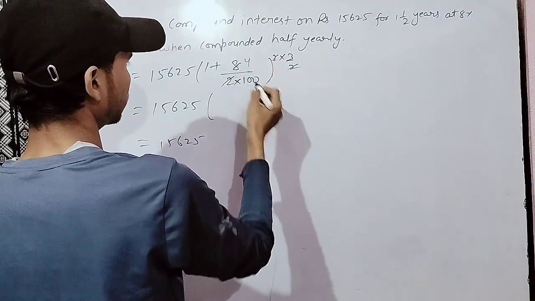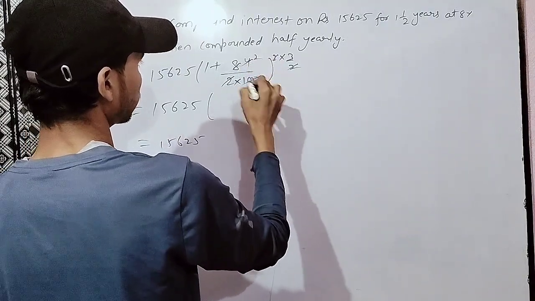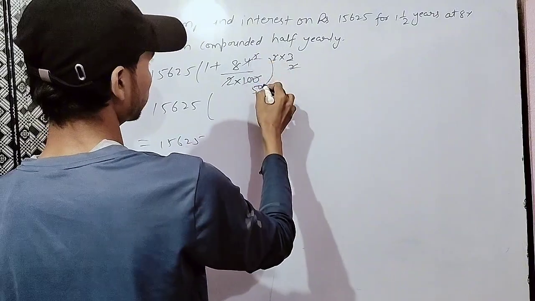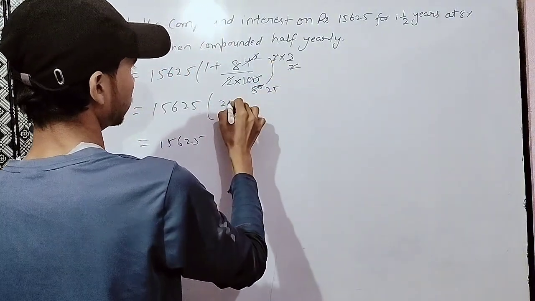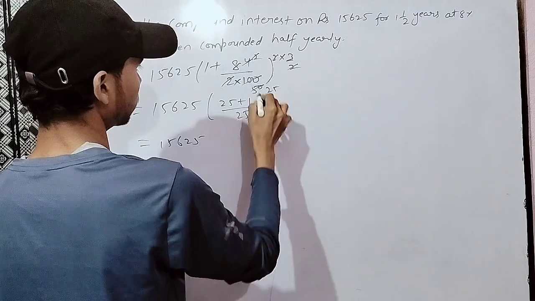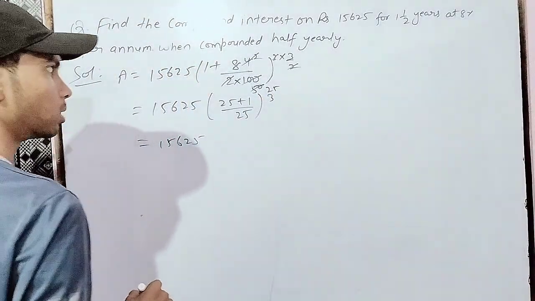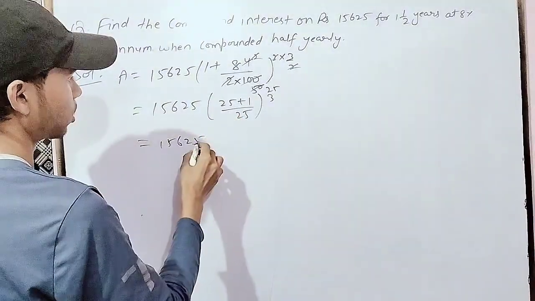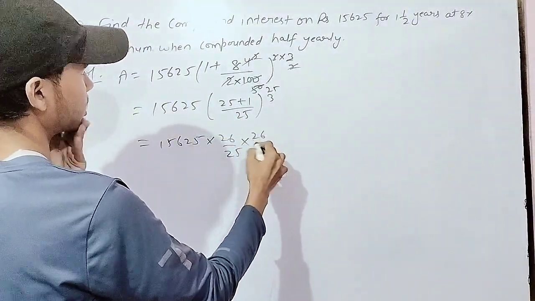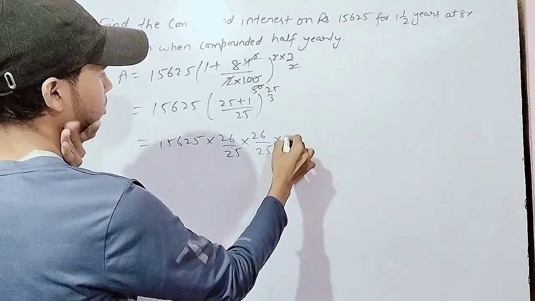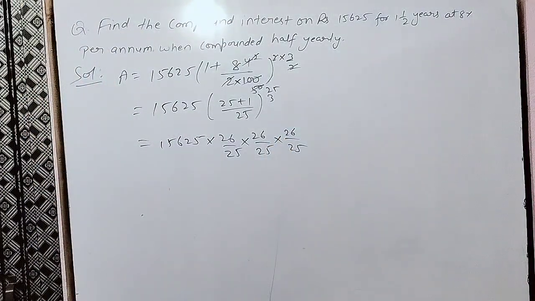2 to the 4, 20, 2 to the 4, so 52, then 25. 25 plus 1 upon 25 to the power 3. It is how much? 26 upon 25 times 26 upon 25, 3 times. Till here, are you clear?